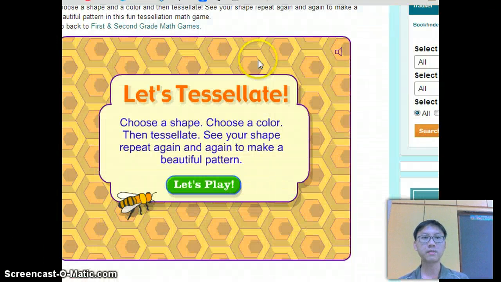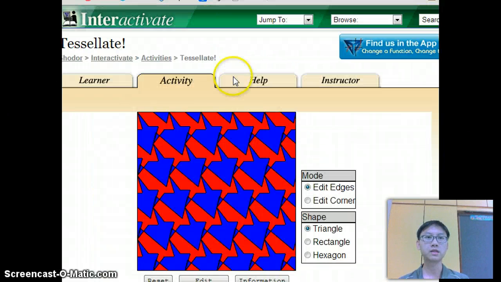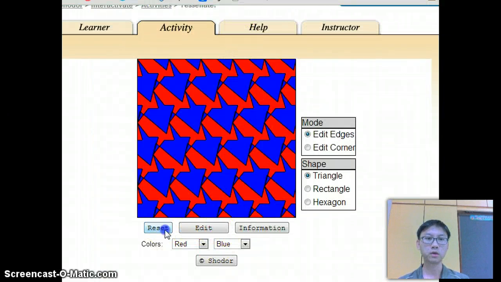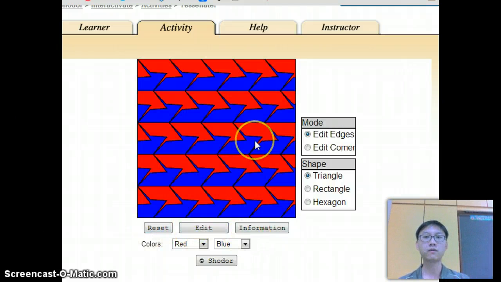I have also put in some activities where you can play and build tessellations. Some of these websites allow you to build tessellations on your own. For this one, you can drag and build, and then they will tessellate for you. So you can just have fun exploring the whole topic of tessellations. Well, hope you have fun.